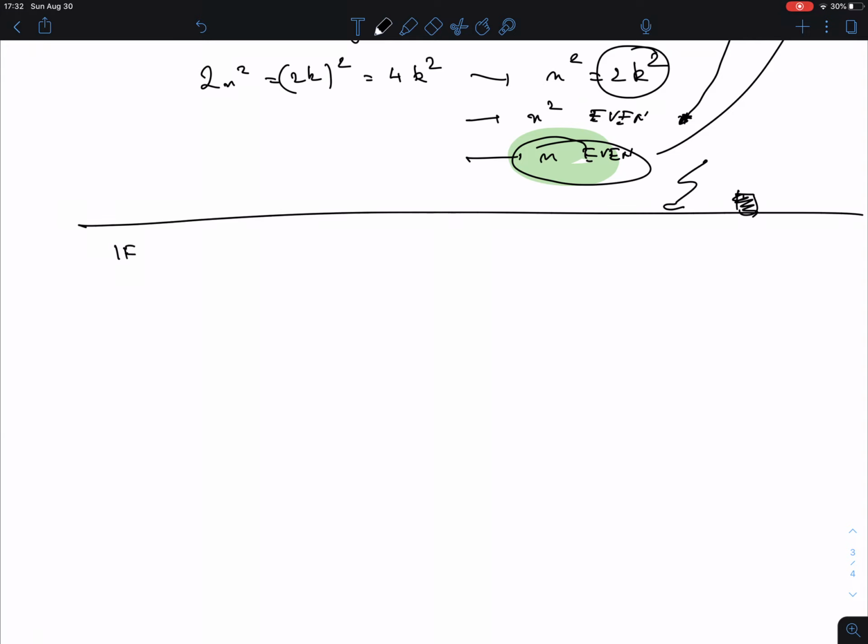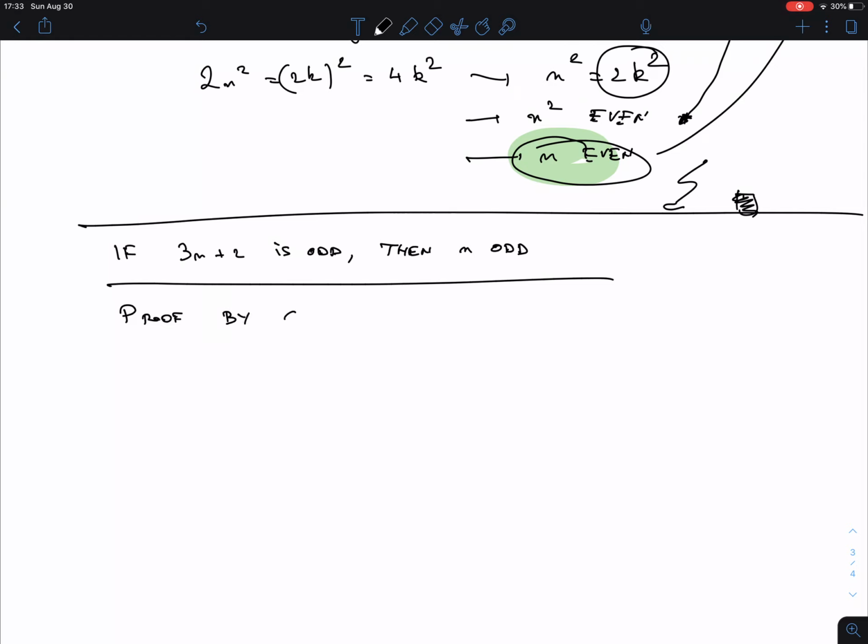Okay, so I'm going to go to the same theorem here. If 3n plus 2 is odd, then n is odd. Proof by contradiction. Suppose not. Now we have to think a little bit about this.